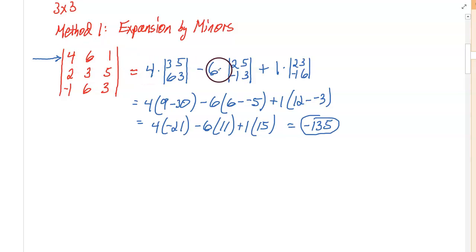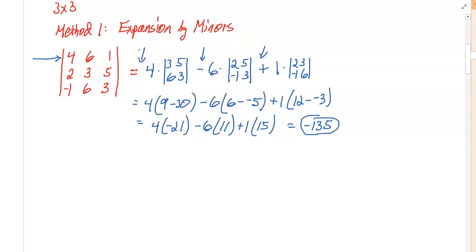The number 6 is written here, but there's a minus sign in front of it. And the number 1 is written here, but with a plus sign. So not only am I using the numbers from the row and creating determinants using the other numbers, but I'm also following a pattern with plus and minus signs. A plus sign here, a minus sign here, a plus sign here.